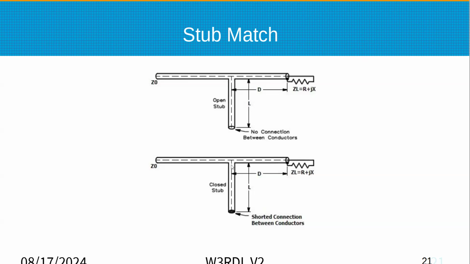If it's shorted here, it's a high impedance on this end. So the fact that it's not necessarily going to be quarter wavelength long, it will be somewhere between 0 and infinity. And that length determines what the impedance is going to be and what the reactance is going to be.